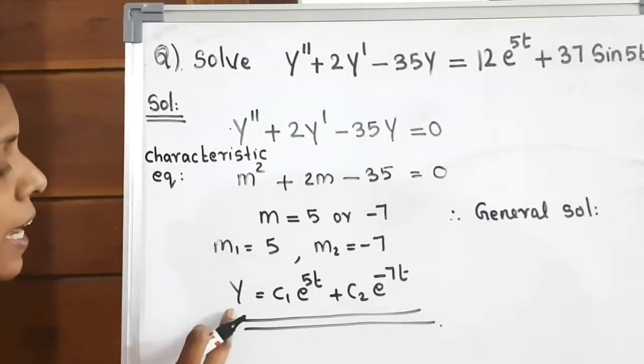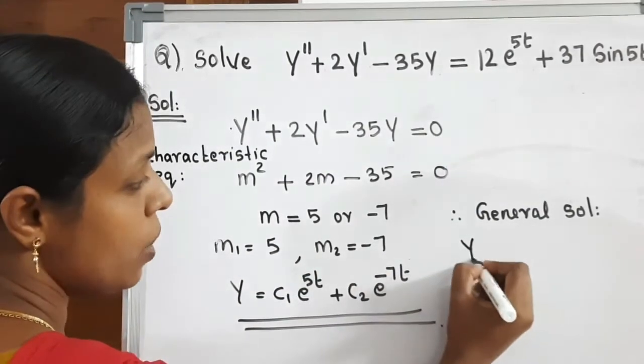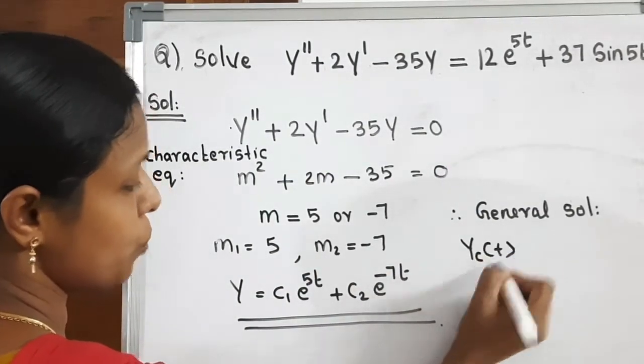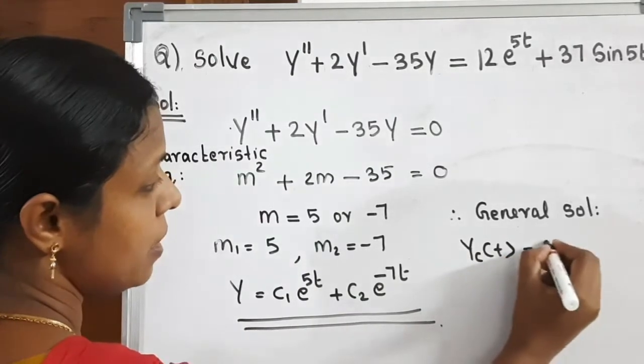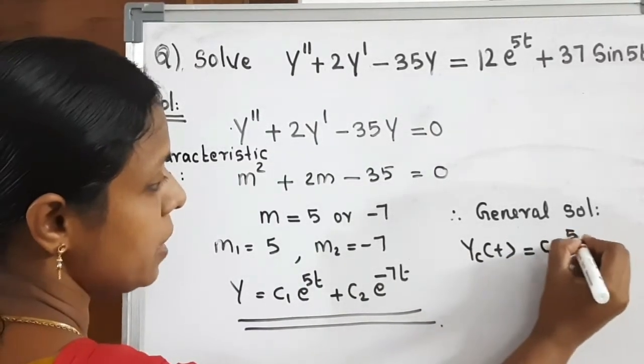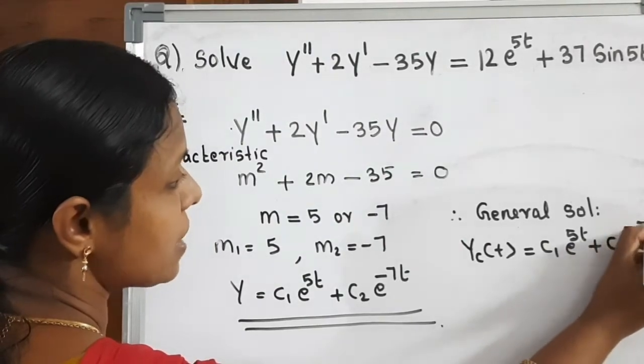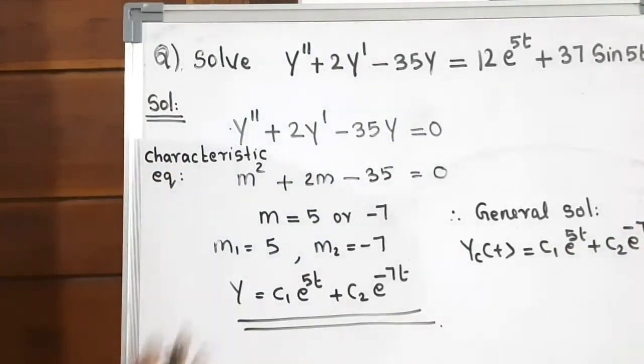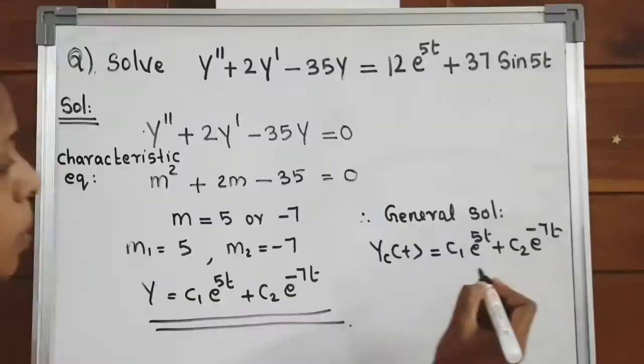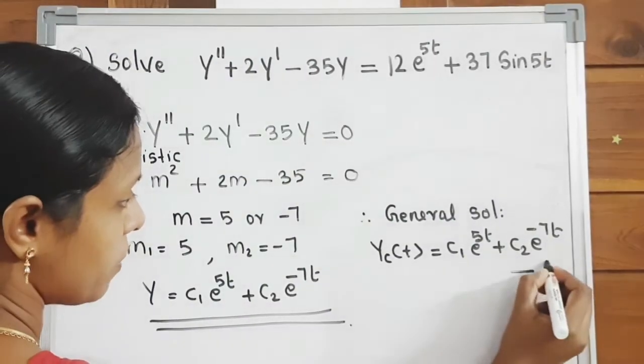We represent y as yc(t). yc(t) = c1 e^(5t) + c2 e^(-7t). This is the general solution, putting it as equation A.